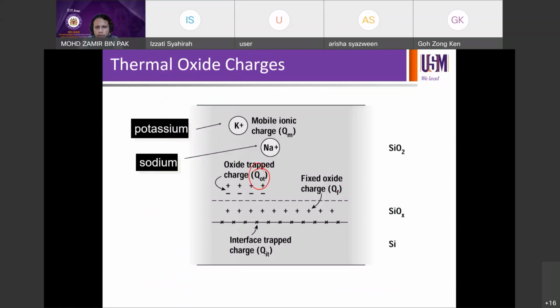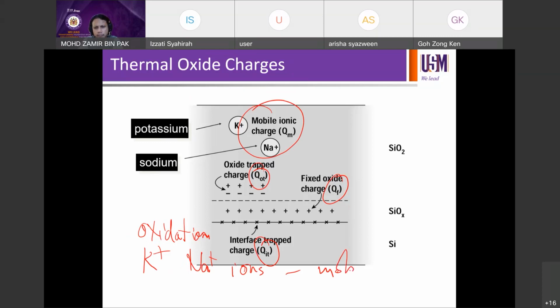We're going to discuss later on how do we solve this. But this is one of the issues that we have in oxidation process. Mobile ions. So they are all mobile ions. Mobile ionic charge. Potassium plus and sodium plus ions. Mobile. So we're going to see later on how do we solve this.